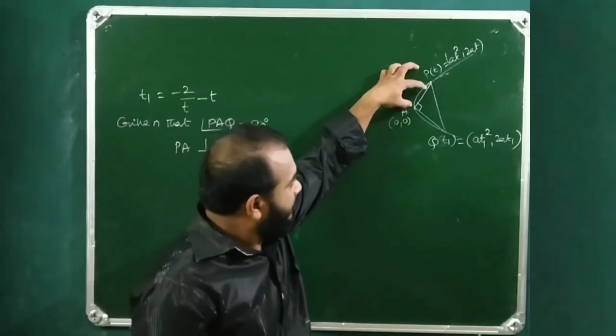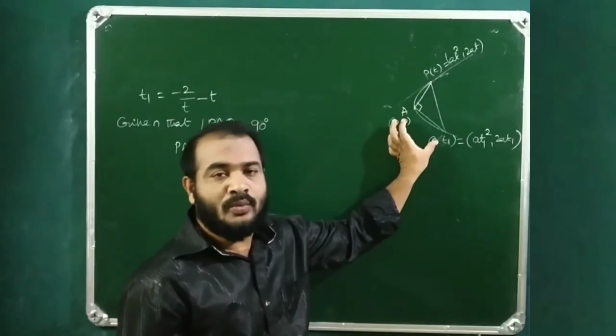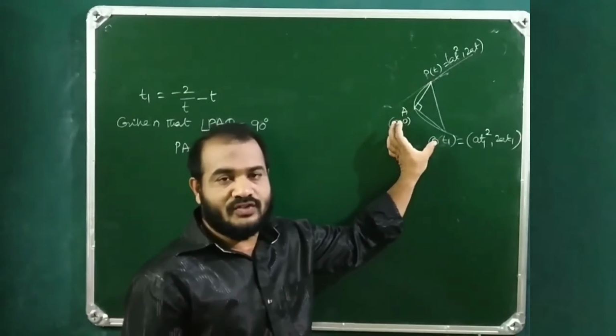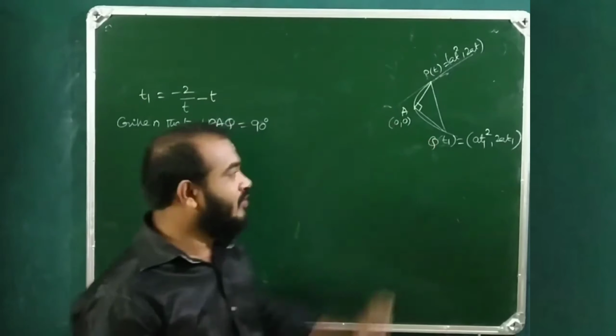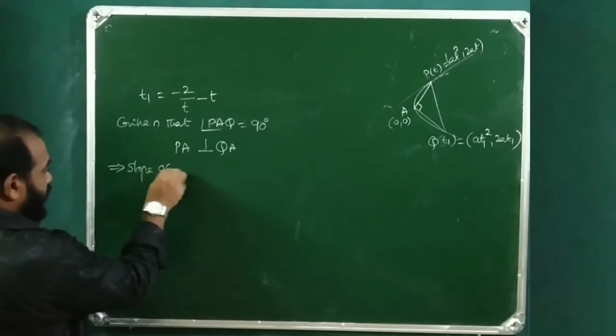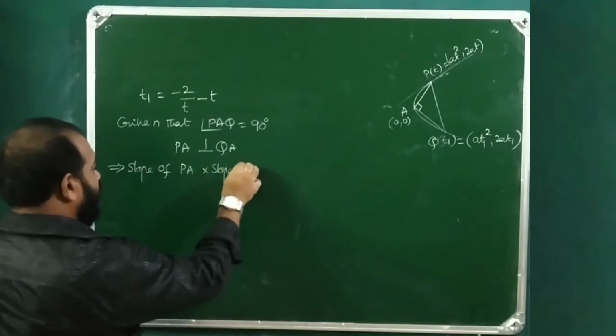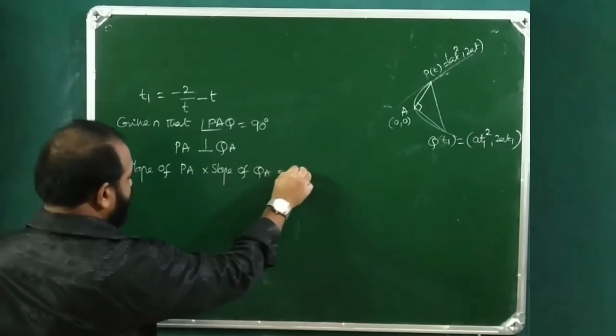So that means slope of PA into slope of QA is equal to minus 1. The product of the slopes is equal to minus 1 when two lines are perpendicular. That implies slope of PA into slope of QA is equal to minus 1.